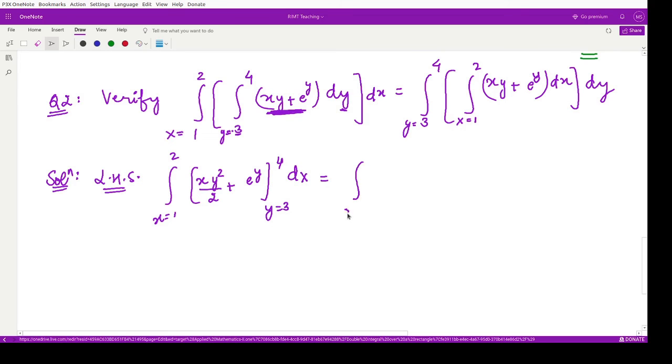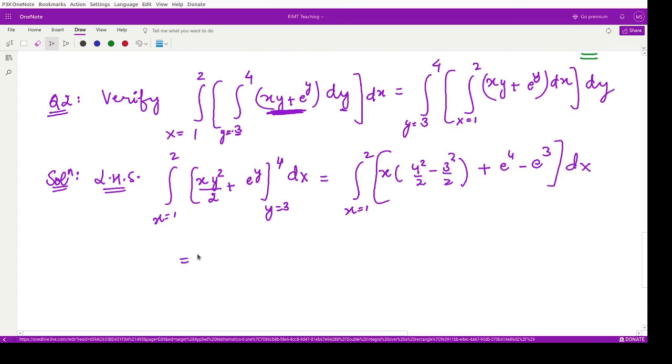Now we can substitute the limits of y from 3 to 4. The upper limit here is x into 4 square by 2 minus 3 square by 2, and e to the power 4 minus e to the power 3, into dx.